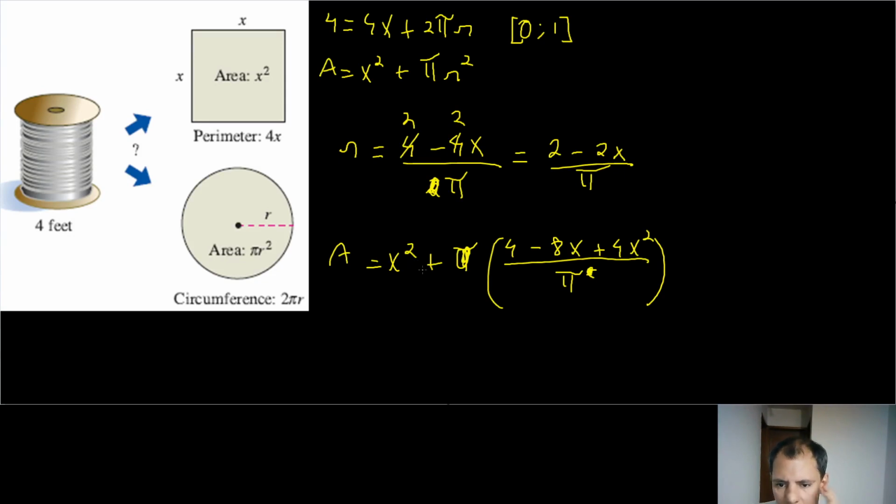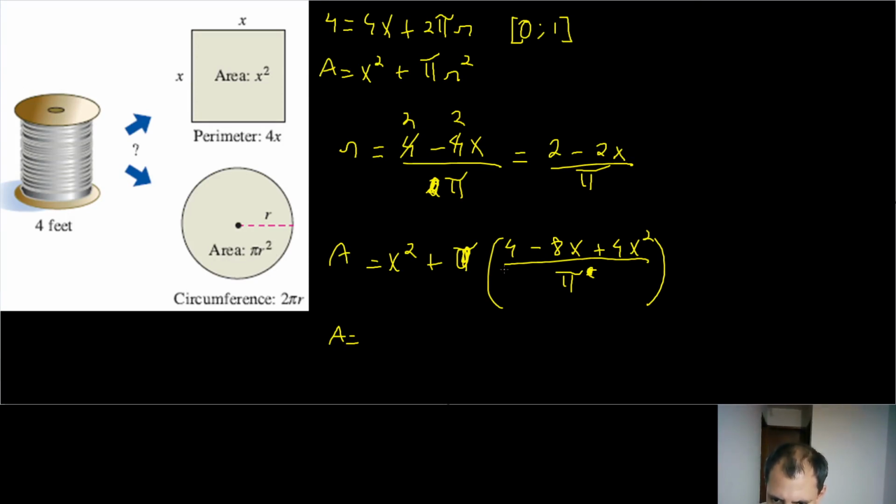And now what do you have? You have x squared plus 4x squared. So area equals 5x squared minus 8x plus 4. Yeah, actually you can't do that. I forgot to take the minimum common denominator.